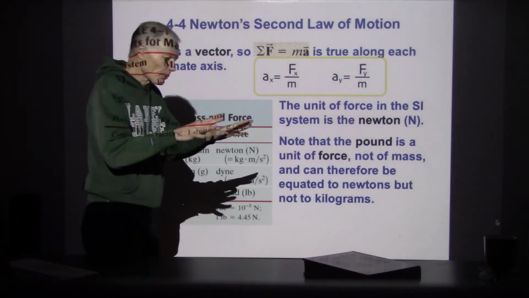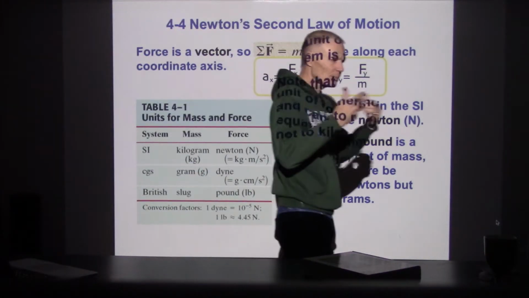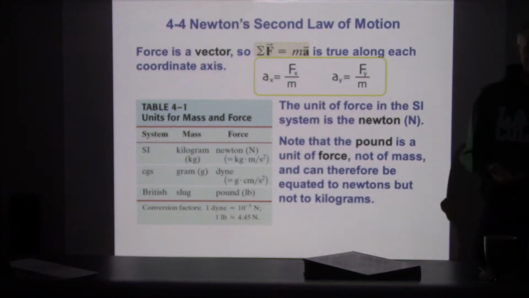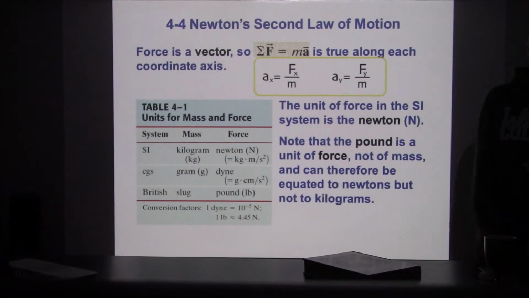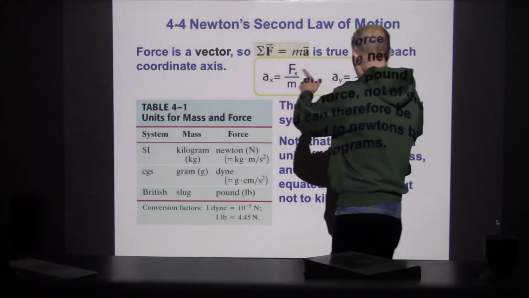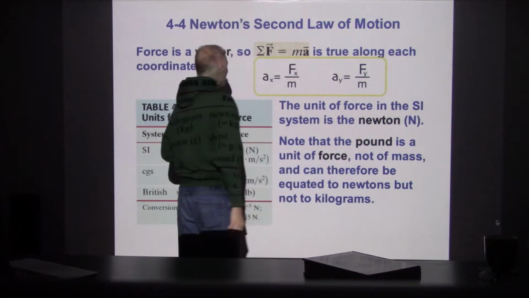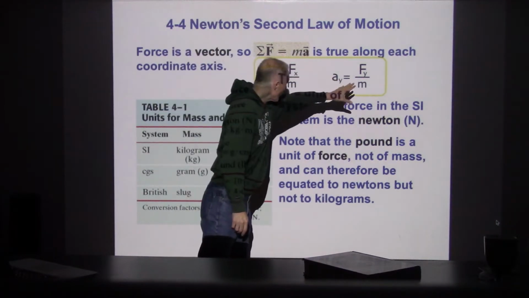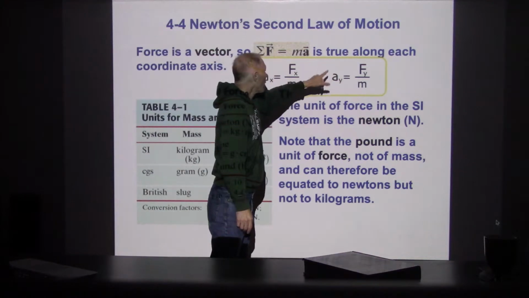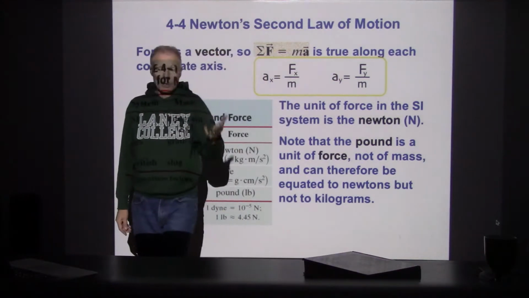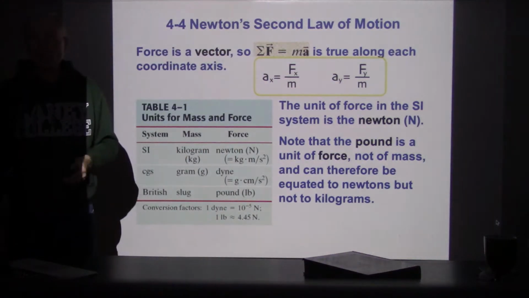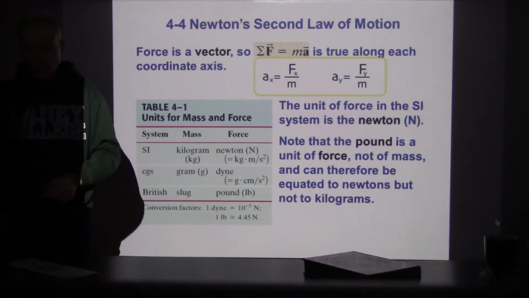If you're pushing something with a lot of mass, you're not going to get as much of a response in terms of its acceleration as if it has a lower mass. And then x and y directions, we treat those independently. Forces in the y direction specifically are what are going to determine what the acceleration will be in the y direction. So the directions match up.